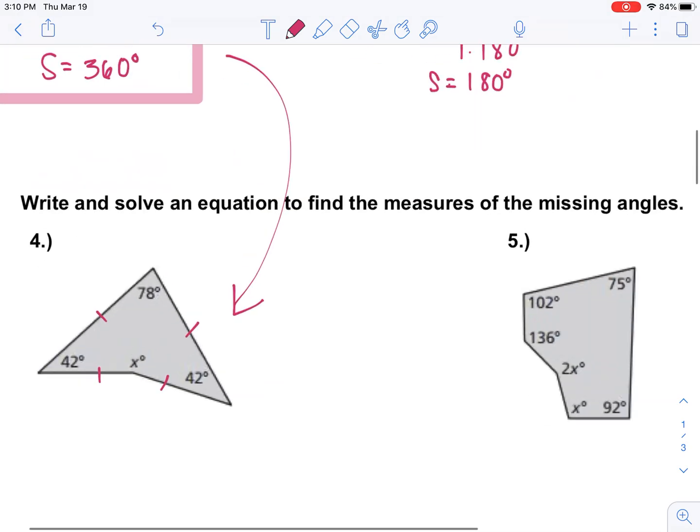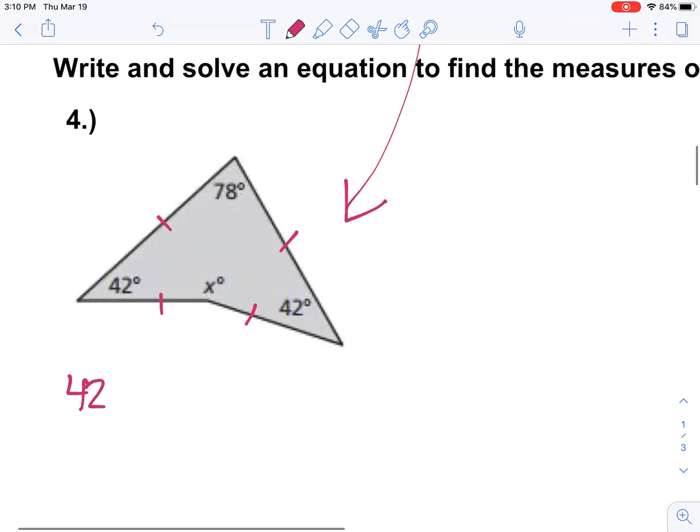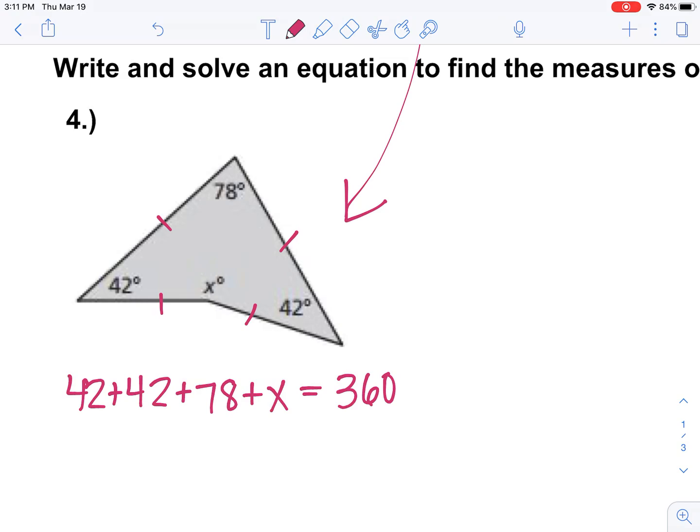So we can find that missing angle pretty easily by saying if we add the 3 angles we know plus the variable, we can set it equal to 360 degrees. This makes this a pretty simple algebra problem with 42 plus 42 plus 78, which gives us 162 plus x equals 360.